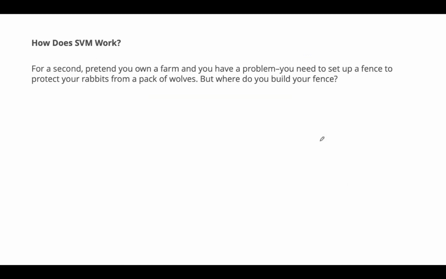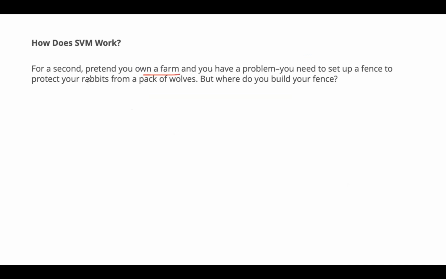So how does this SVM work? Let us take one example. Just pretend you own a farm and you have a problem: you need to set up a fence. Your farm has rabbits and wolves, and in order to protect the rabbits from the wolves, you need to set up a fence.